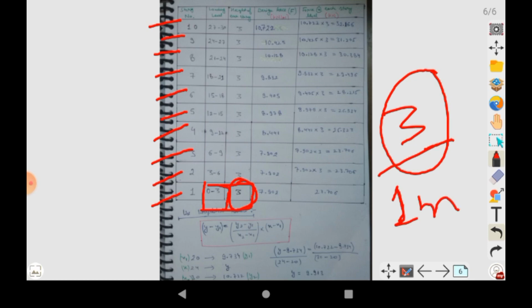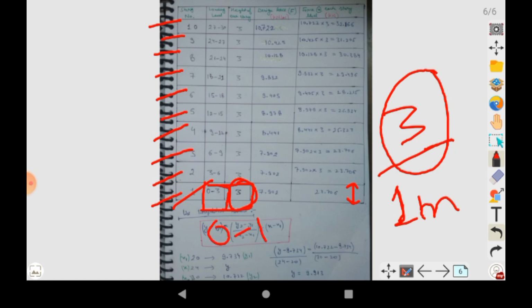Because we know the first story consists of a 3 meter height, the 3 meter will be divided into three parts, so the first will have 0 to 1 meter height.